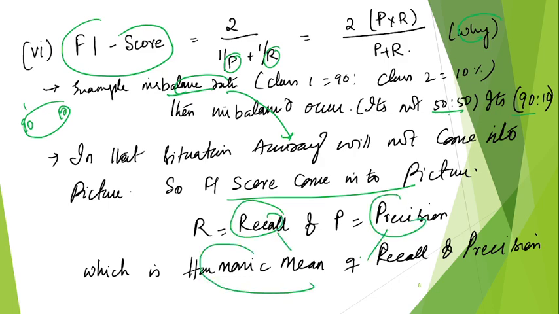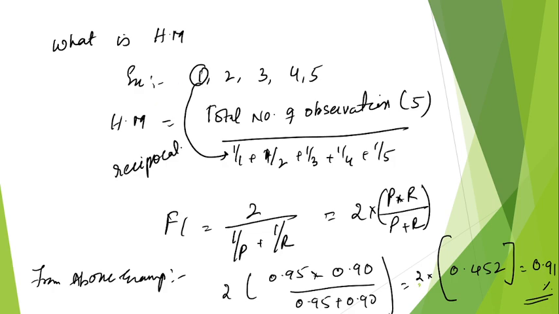What do you mean by harmonic mean? Let's see. I have a data set of 5 values: 1, 2, 3, 4, 5. The harmonic mean is the total count divided by the sum of reciprocals of the observed values. What is the observed count? 5.